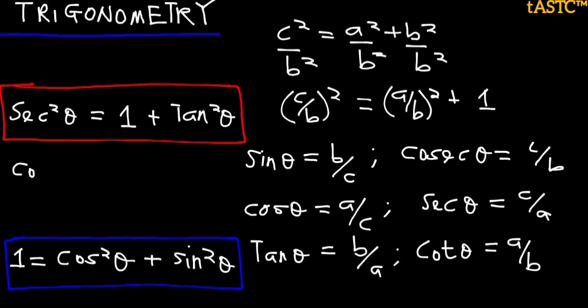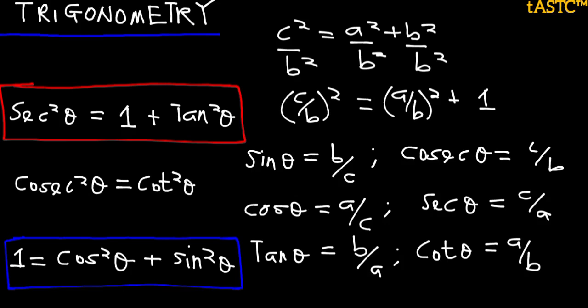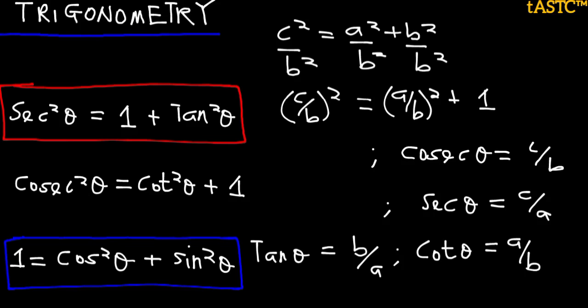So there should be cosecant squared theta. That will be (a/b) squared. a/b is actually cotangent. So we should have cot squared theta plus 1. So this is what you got. This is the third trigonometric identity that you got.